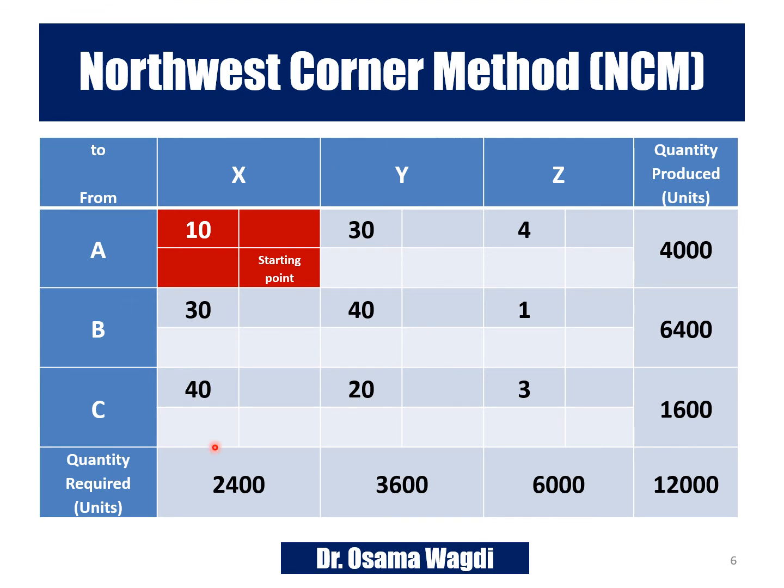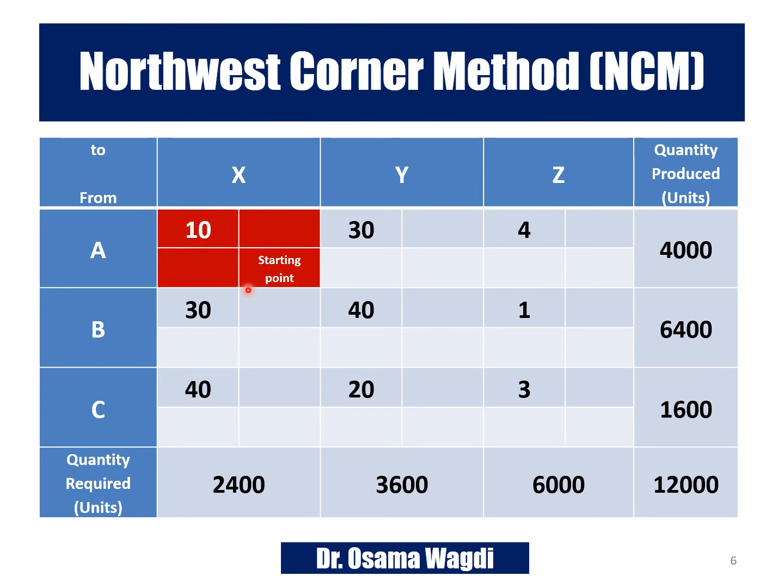Here's our table, which is given in the example. We're going to write it again, but the difference here is that we write the cost in dollars in the upper left of the cell: $10, $30, $4. Like we said in the previous video, the northwest corner method depends on starting from this row, the left of it, like this rectangle.